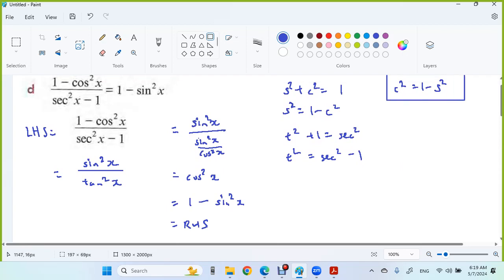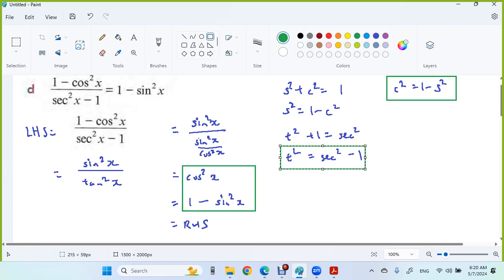So this cos square equal to 1 minus sine square is this, and then the tangent square equal to the secant square minus 1, and then the sine square equal to 1 minus cos square.